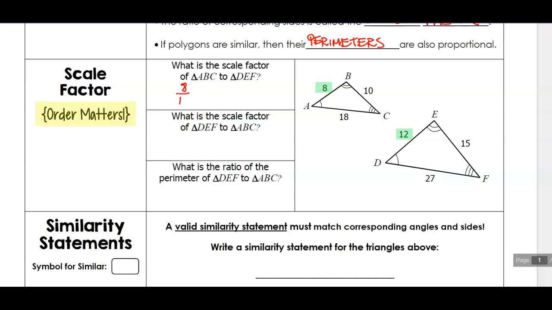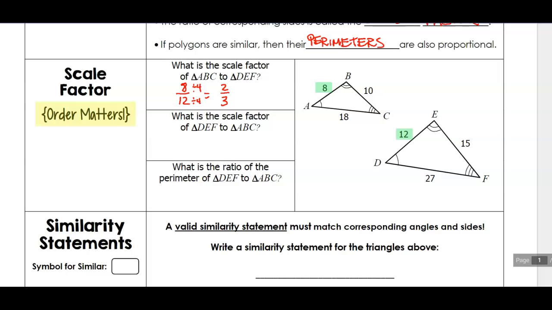So I'm going to have 8 over 12. And then if you remember from the first video that we watched the other day, we always want to reduce. So I'm going to divide this by 4, and I'm going to divide this by 4 to get a scale factor of 2/3. All right, and we'll talk about how to use that.